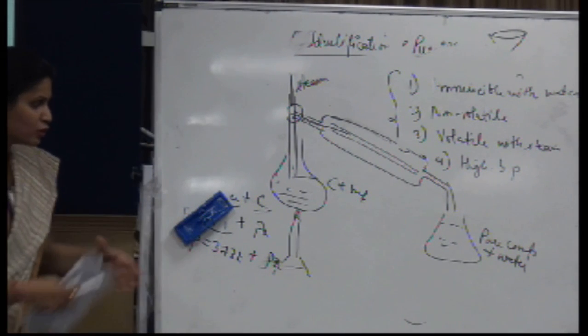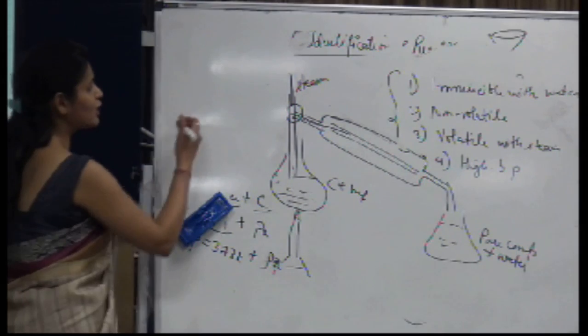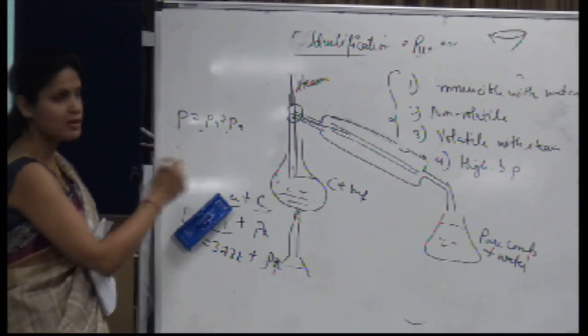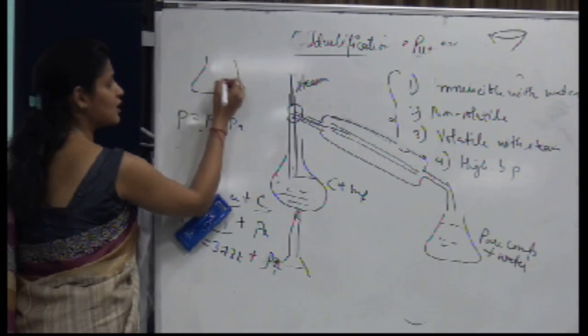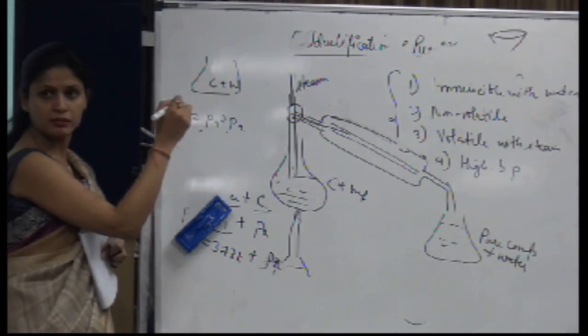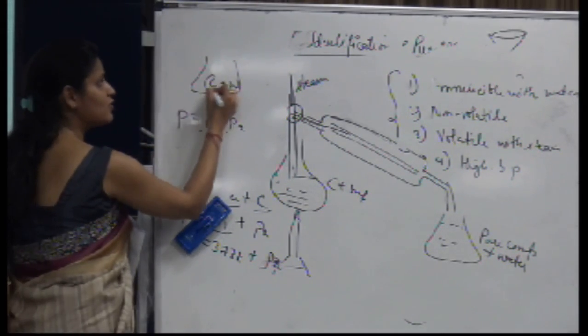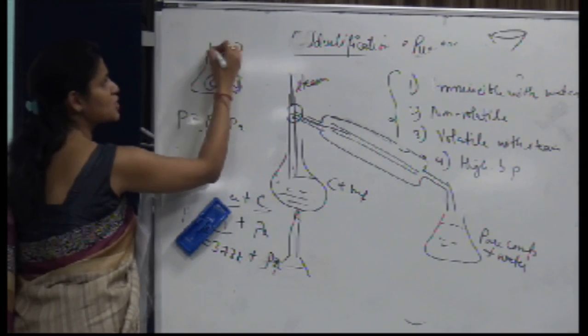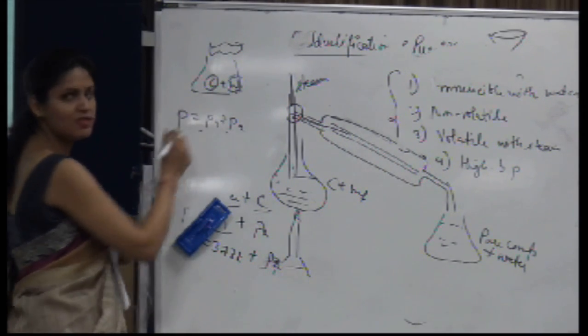I know according to Dalton's law that the total pressure P is equal to P1 plus P2, that means the individual vapor pressures. That means if this flask has the compound and the water, each of them will exert their own vapor pressure. That means here the pressure would be greater than the individual vapor pressure.